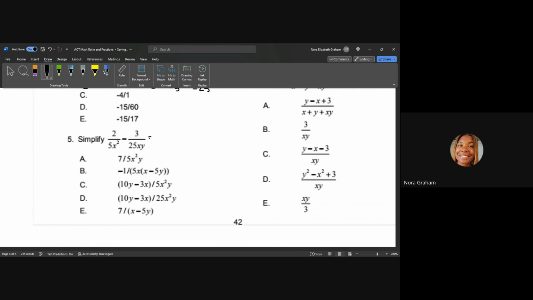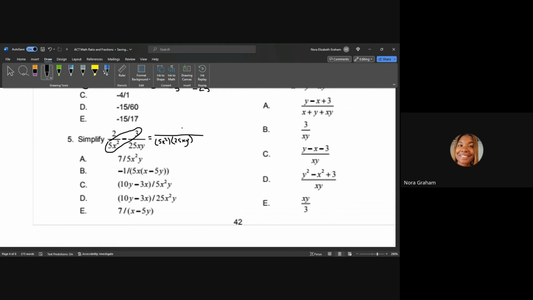So when we multiply our denominators together, I'm going to put parentheses right now just to be safe: 5x squared multiplied by 25xy. And that's my common denominator. For right now, I'm just going to write it all over one because I want to save a little bit of time.